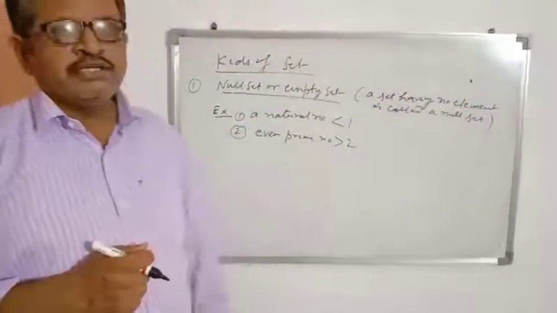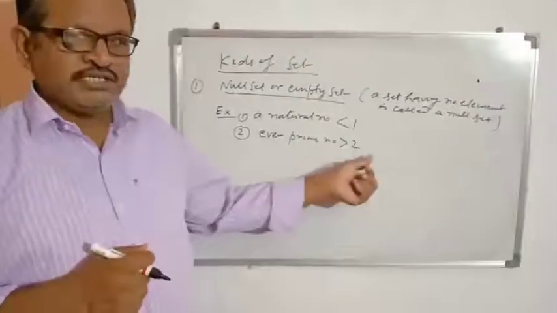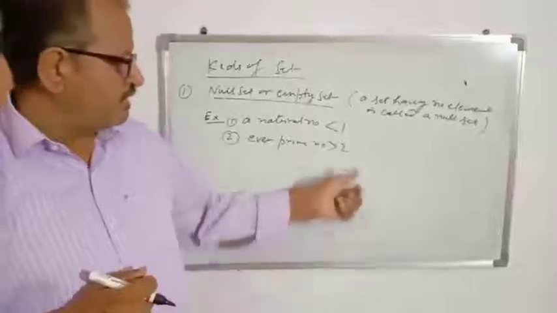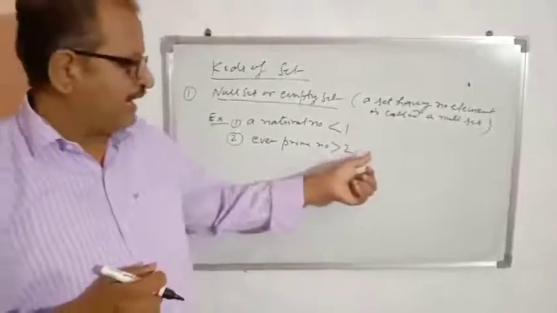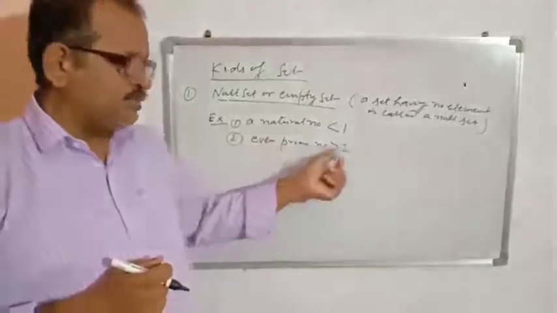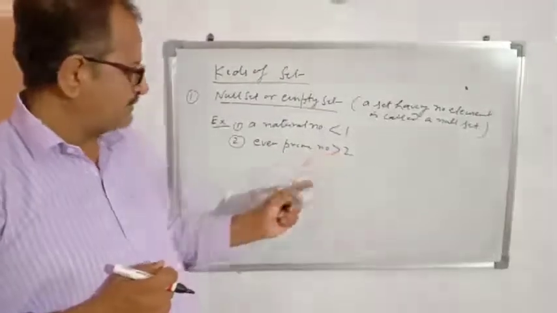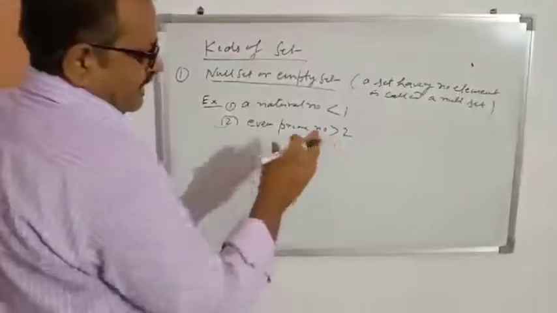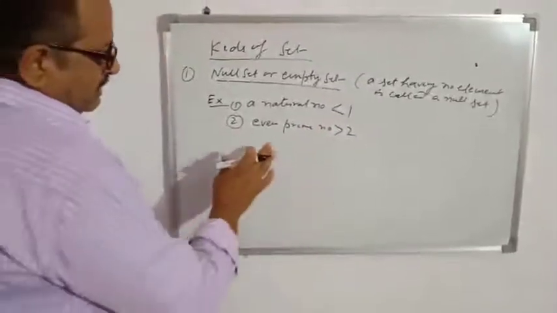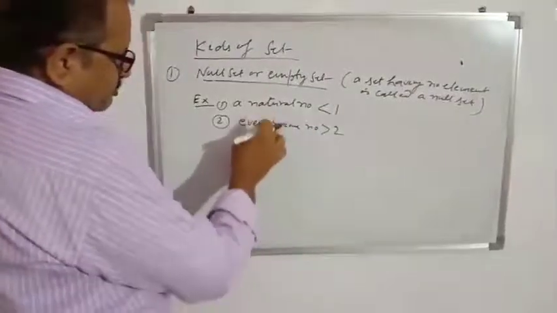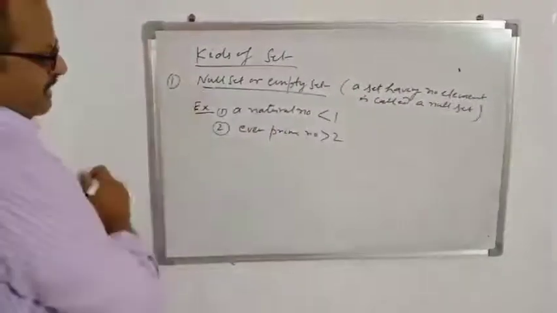Greater than 2, 3 is there, 4 is there, 5. But 4 is not a prime number. 5 is a prime number, but it is not even. Only one prime number, 2, is even. So we cannot write any number which is even prime but greater than 2. So these two examples are examples of null set.